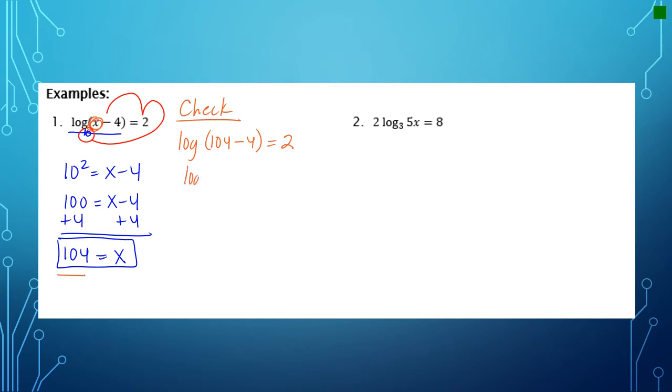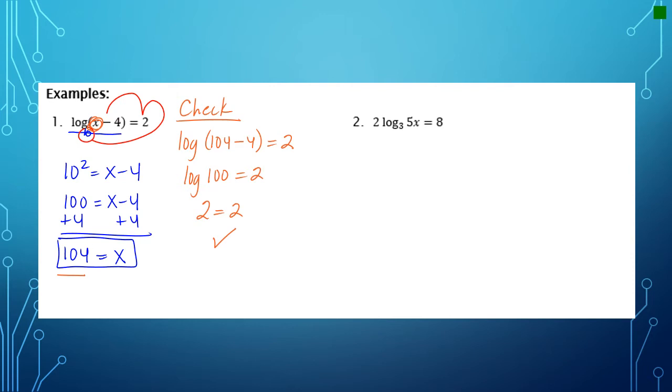So this would be log of 100 equals 2, and then if you wanted to check, you can either type log of 100 into your calculator, or we can put it into exponential form and double check. I'm just going to say we put it into our calculator, and you get that 2 equals 2, so that means that this is not an extraneous solution. All right, so now let's try number 2.